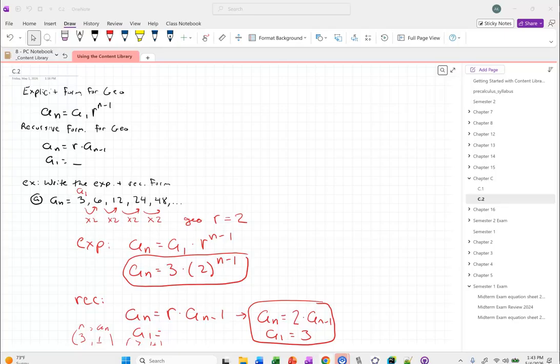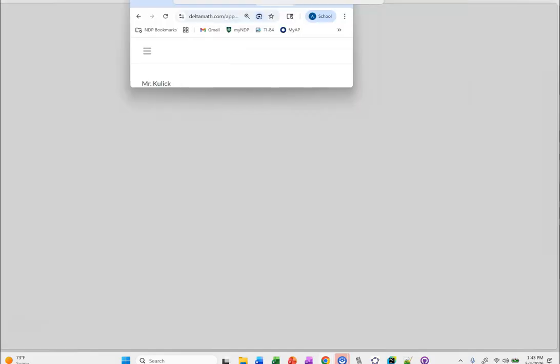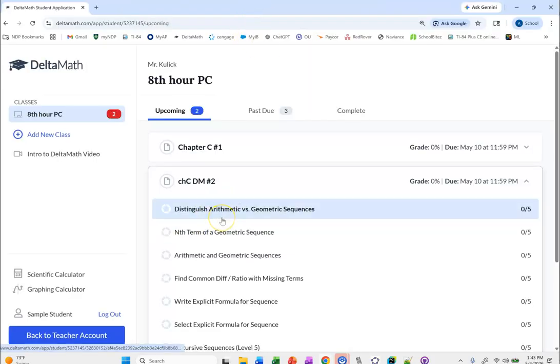So I have a second Delta Math assignment for you guys. Both these 2 Delta Maths are going to be due this Sunday. If you haven't finished that first Delta Math, that one's pretty short. Your second Delta Math is a little bit longer. But as you guys have seen with the example problems here, a lot of these should be relatively quick, right?